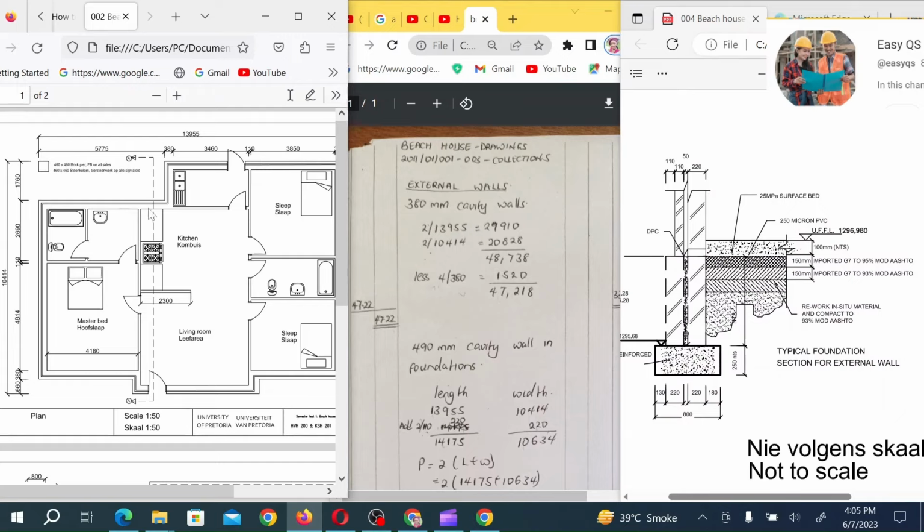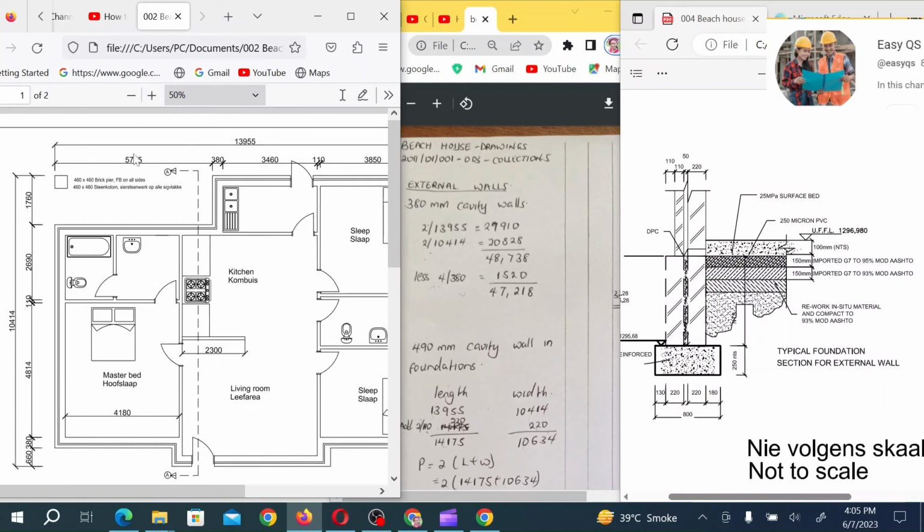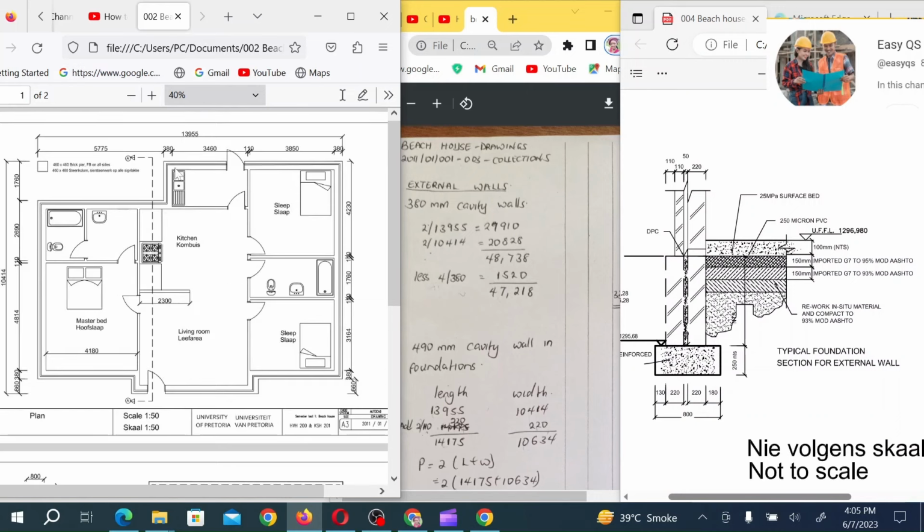Then after we take the perimeter, we deduct the number of corners times the thickness of the wall, which is 180. If we have many corners, both internal corners like this one and external corners, how do we calculate the number of corners? We take the number of external corners and deduct the number of internal corners like these ones.